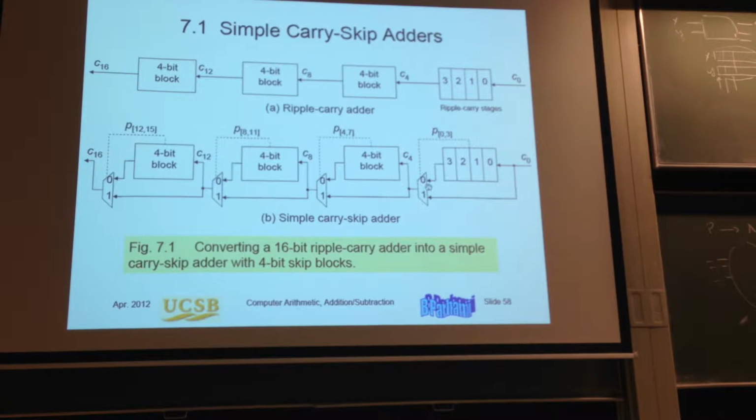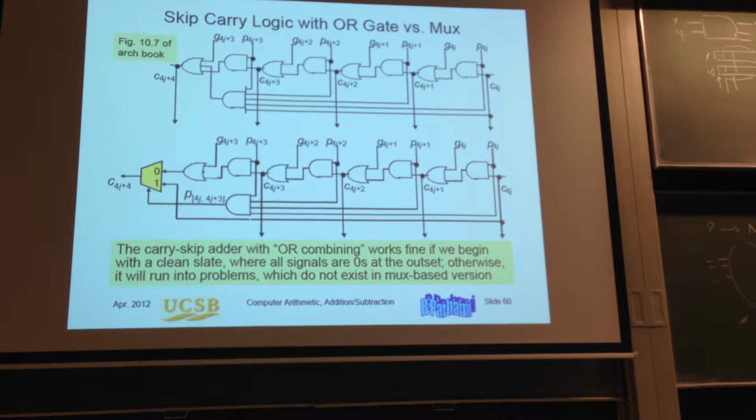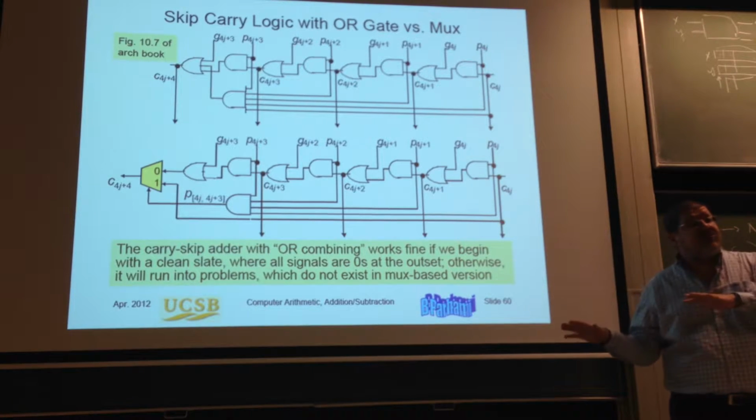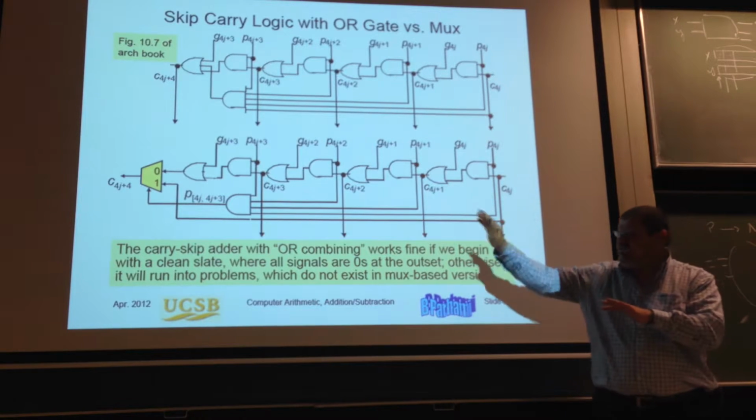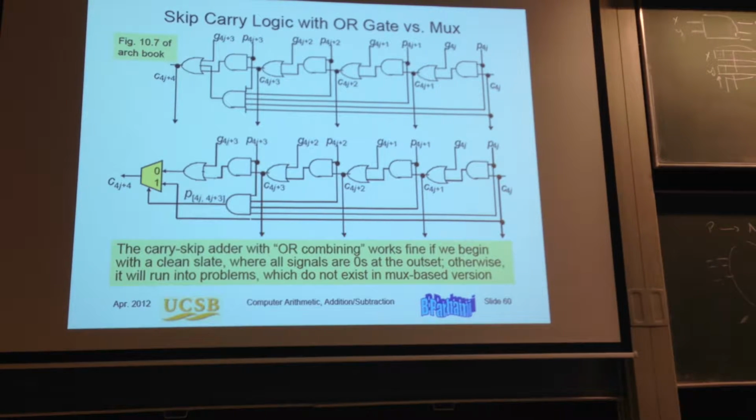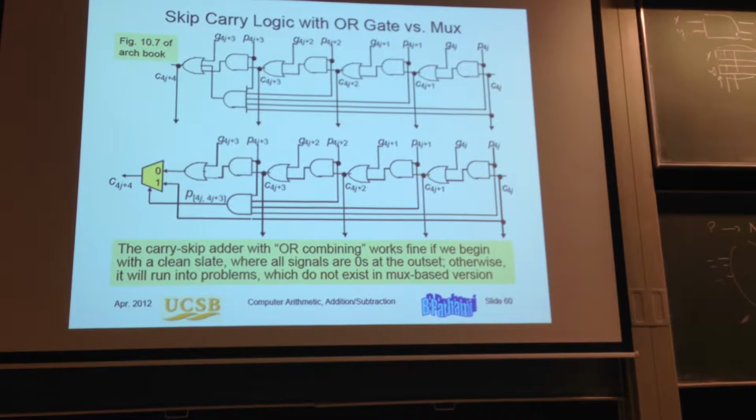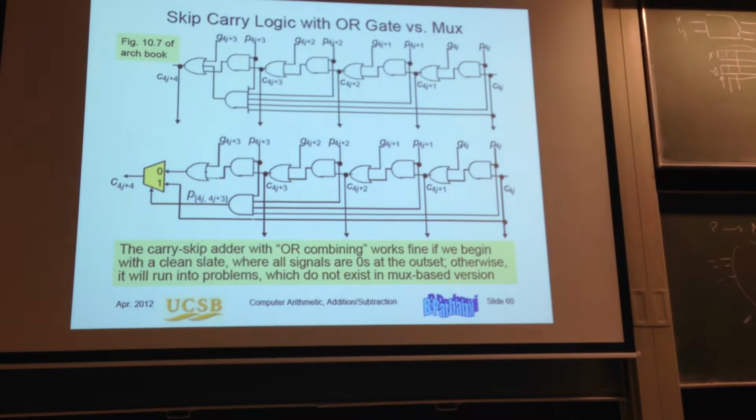But that one will have a problem because we'll propagate some kind of wrong carries whenever you don't start from scratch. And if you go for the gate-based implementation, you always have to reset your adder from one addition to the next one. And what you use in practice is the mux-based implementation. Remember, muxes can be built very simply with transmission gates. They are not that complicated.